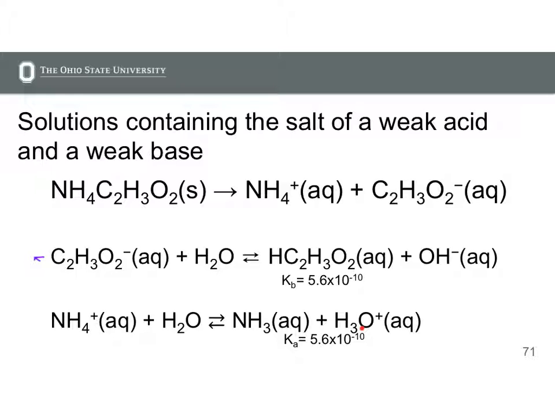But the question then becomes, is one of those in excess? If one of these ions is in excess, then the solution will be acidic or basic. Now you could go through and calculate the concentration of hydroxide, given an initial concentration of acetic acid, and given the initial concentration of ammonium, calculate hydronium ion.